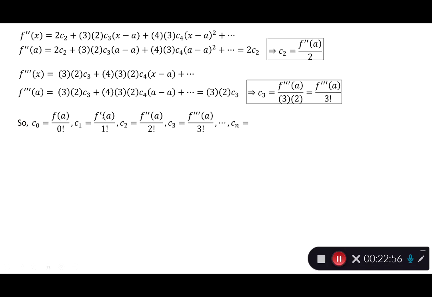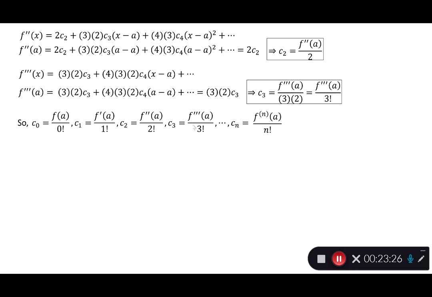So c1 is f prime of a over 1 factorial. c2 is f double prime of a over 2 factorial. c3 is f triple prime of a over 3 factorial. And based on that pattern, we can say c sub n should be, yep, you guessed it, f to the nth prime of a over n factorial. Right? So, what is it that we were wanting to do?